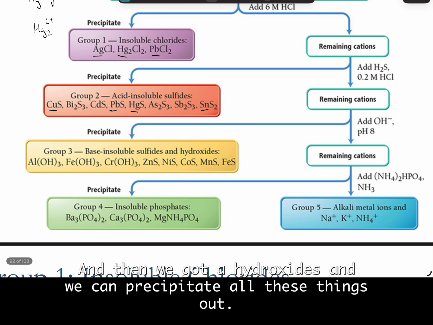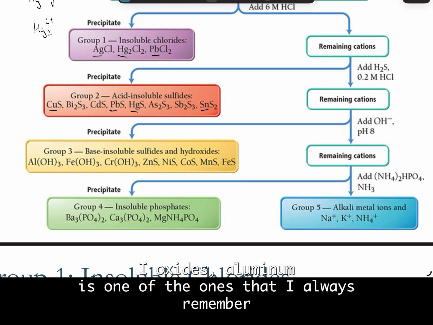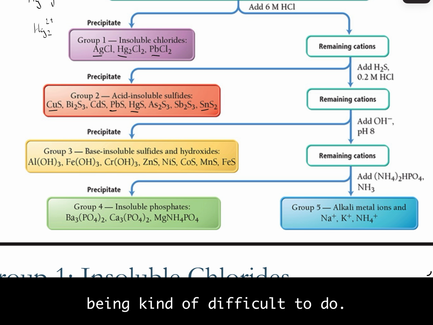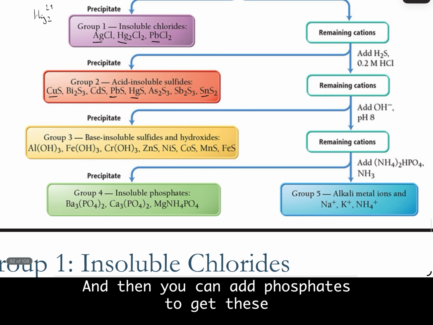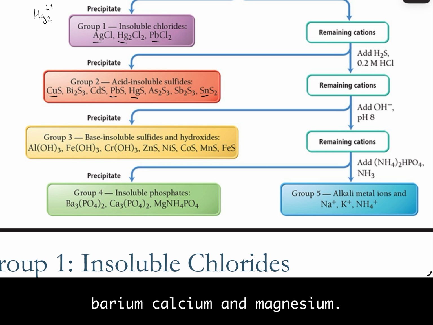And then we get hydroxides, and we can precipitate all these things out as hydroxides. Aluminum's one of the ones that I always remember being kind of difficult to do. And then you can add phosphates to get these barium, calcium, and magnesium.